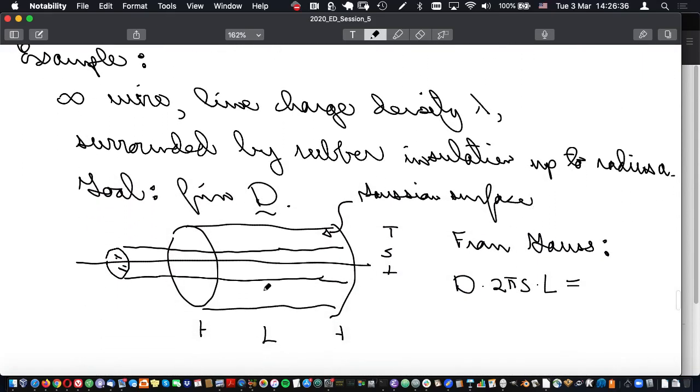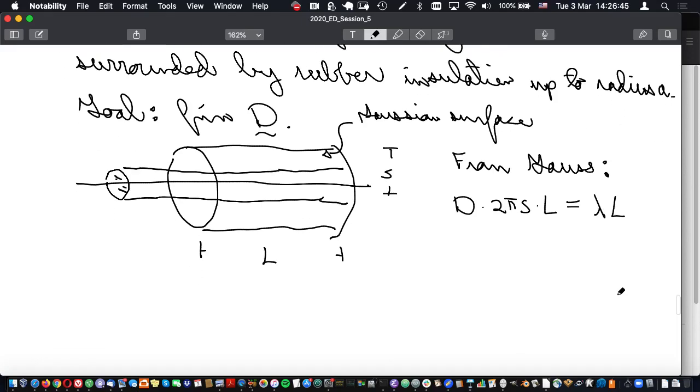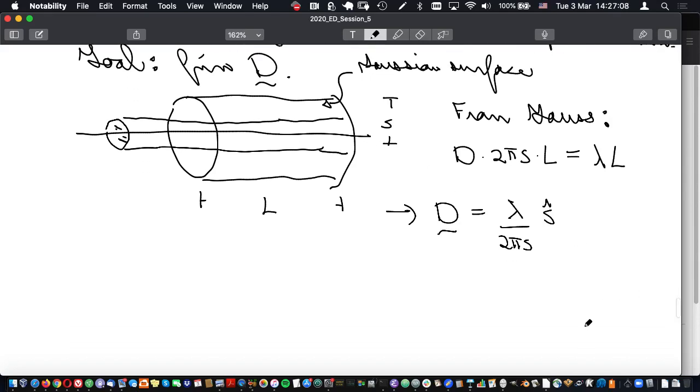But the free enclosed charge is just the line density times L. So this has to be equal to lambda L. And that means, putting back the vector, my D is equal to lambda over 2 pi S. And it's going to be in the radial direction, right? S hat is just radially coming outwards. Okay? So that's my displacement.